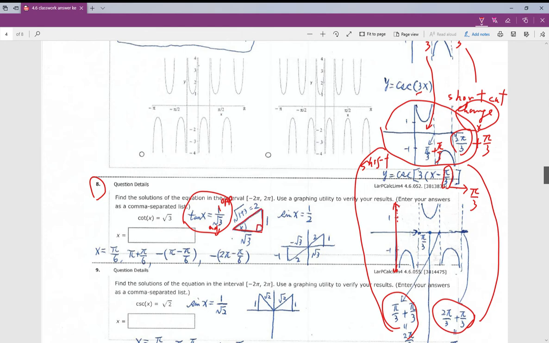So following the Pythagorean theorem, you may calculate the hypotenuse. So once you have 3 sides of the right triangle, this is opposite, this is adjacent. Then what do they ask you to find? They ask you to use a graphing utility. So you may use a graphing calculator, but actually this question you don't need to.